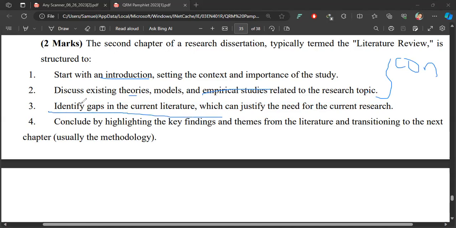After the gaps, then the conceptual framework. All right, then these key findings and themes is what we're talking about as a conceptual framework. And I've told you that the conceptual framework is just a visual representation of your associated variables and how they influence the other variable.